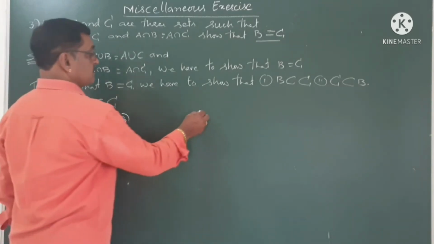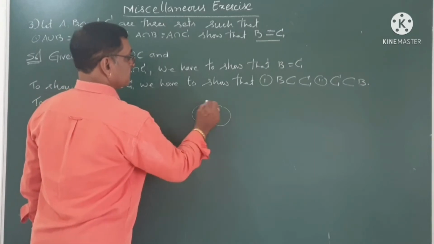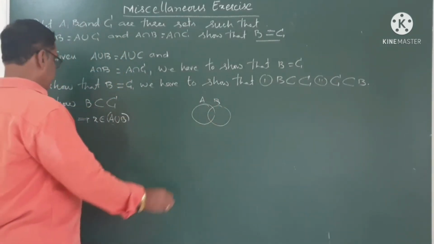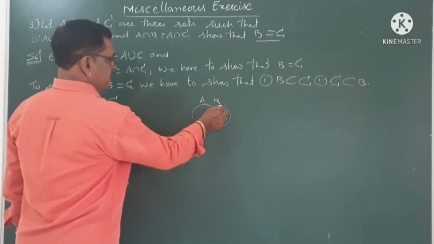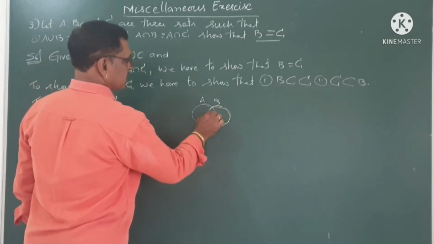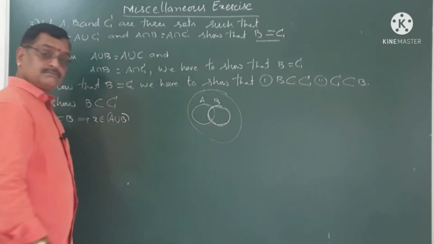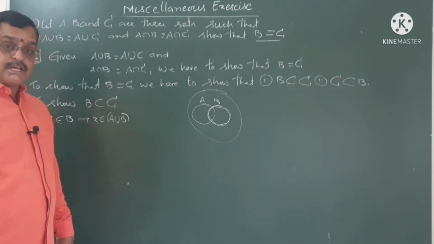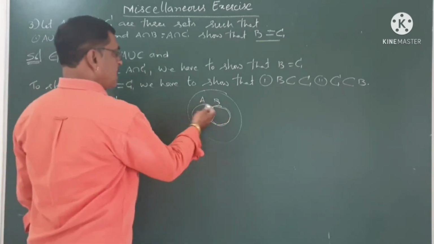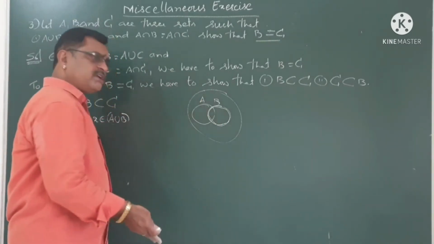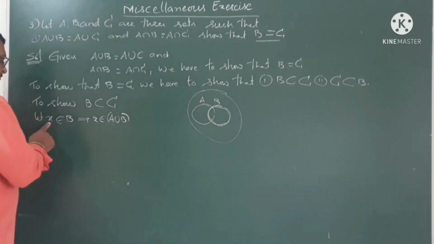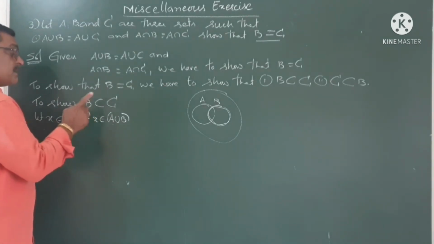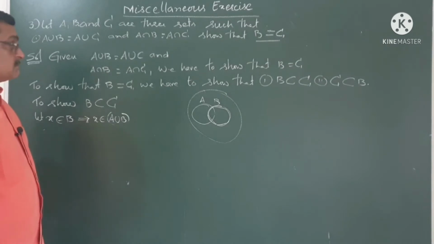I will explain. This is A and this is B. If you observe carefully, B is a subset of this. Therefore, either x belongs to B or x belongs to A, then x belongs to A union B. So whenever x belongs to B, it implies x belongs to A union B.